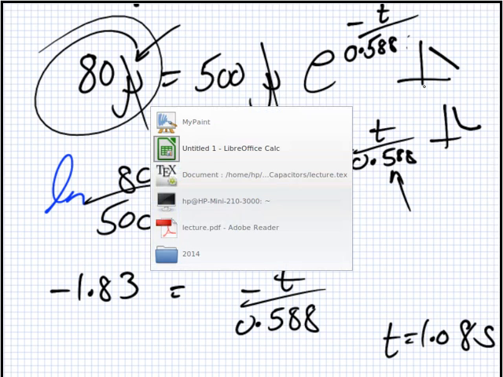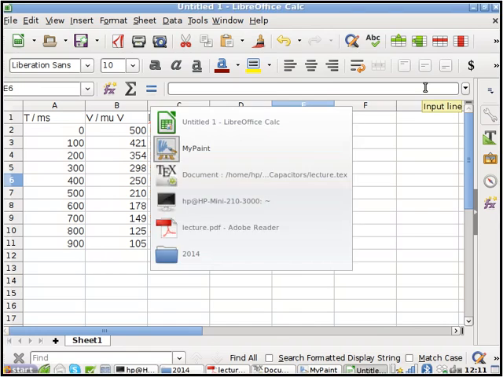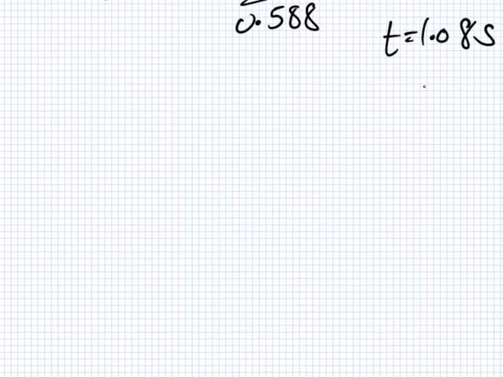Okay, what's the next part? How much charge is the capacitor holding when the voltmeter is 80 micro? Okay, Q equals CV. Do we know the C? Guys, come on, wake up, what's the C? 100. 100 what?